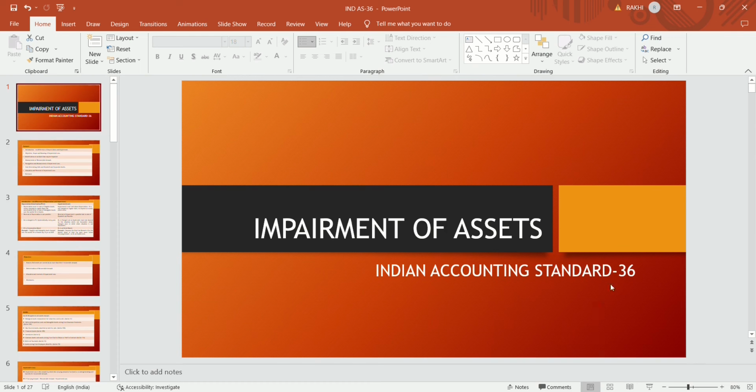It is an asset based standard. Generally impairment is to be done only on assets, not on liabilities, because impairment is a kind of reduction in the value of the asset. If there is an indication that there is a reduction in the value of the assets, then only impairment testing is to be done.